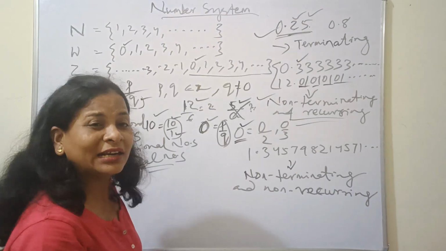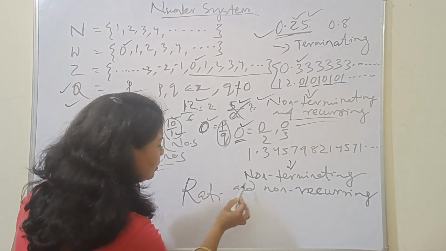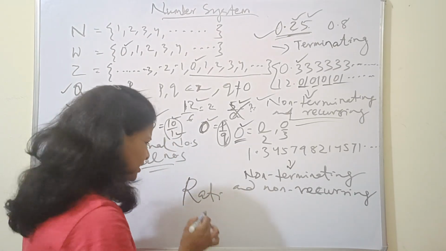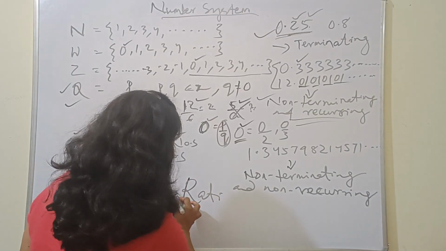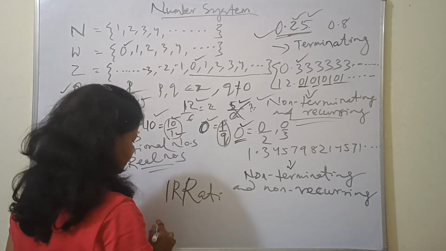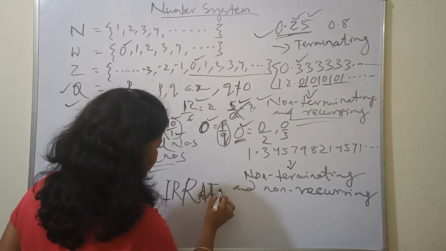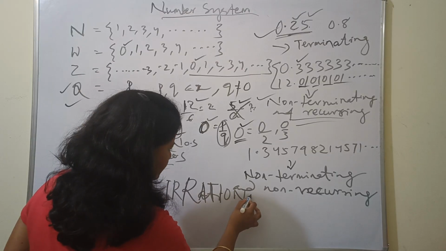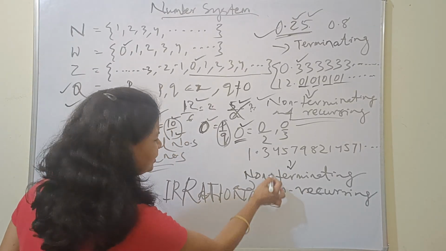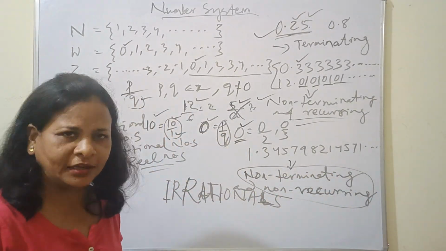Now the irrational numbers can have a non-terminating and a non-recurring decimal representation. The irrational numbers are non-terminating and non-recurring.